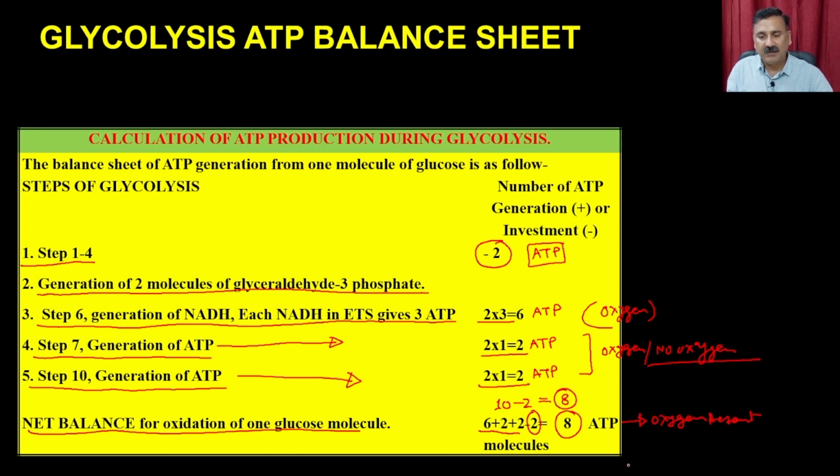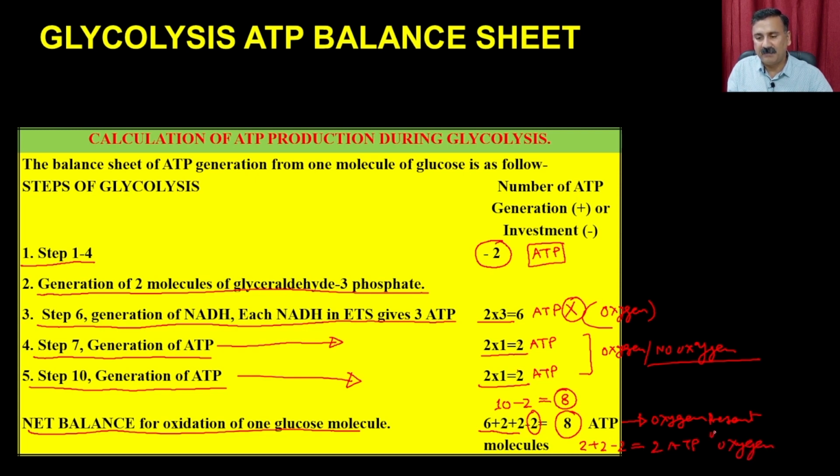But if the oxygen is not present, then how much are you going to get? You are going to have no production of ATP in this step, right? So in that case, it is 2 plus 2 minus 2, that is 2 ATP molecules if the oxygen is not present.